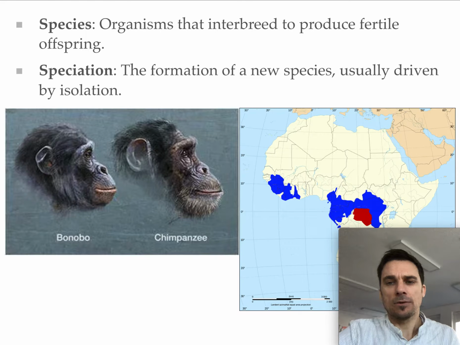We can see where they live along the equatorial Africa, over on the Congo Basin. Bonobos were separated from chimpanzees long ago by a river, a large river. They don't swim, and having more access to more food, this species actually developed their society.